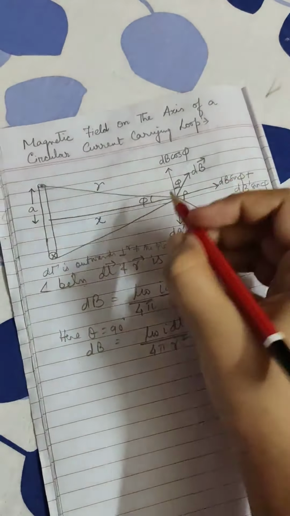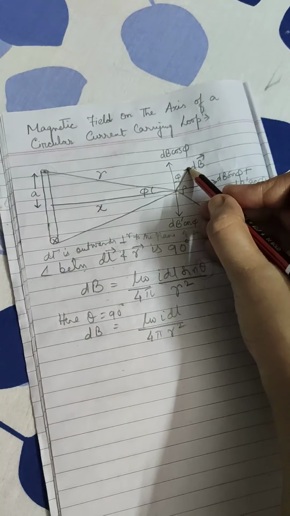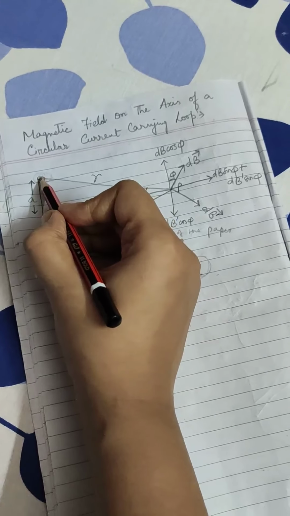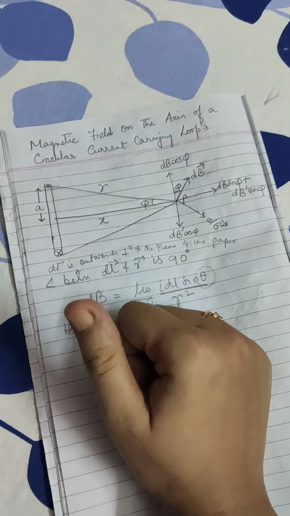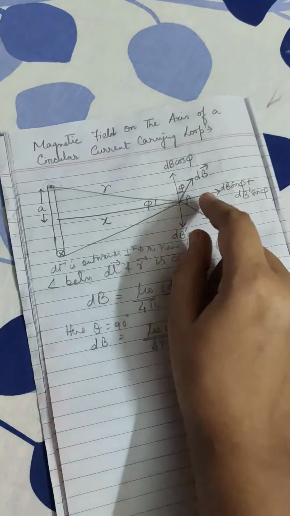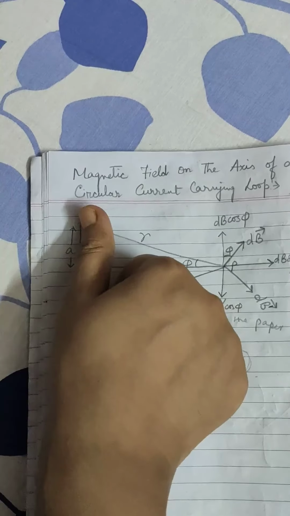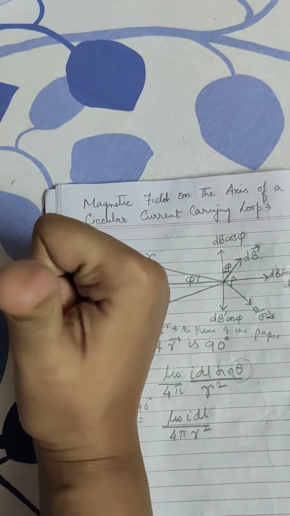Now what will be the direction of dB? I'll find it by the right hand palm rule. Look very carefully. The thumb will point in the direction of the current, so the thumb points outward.